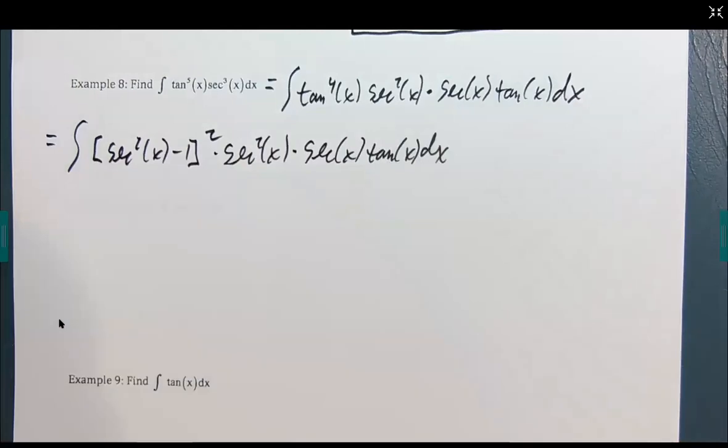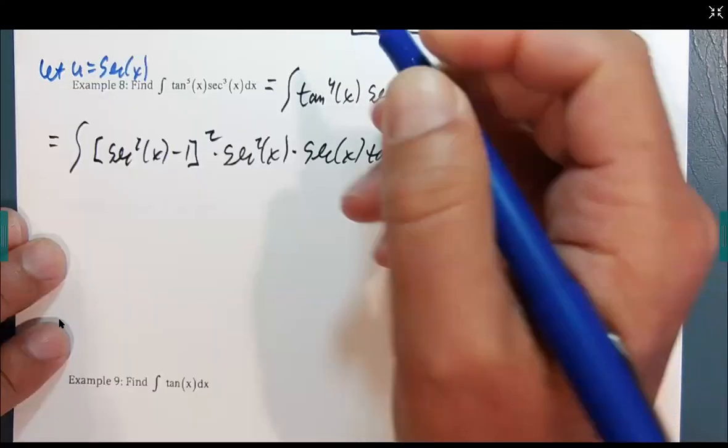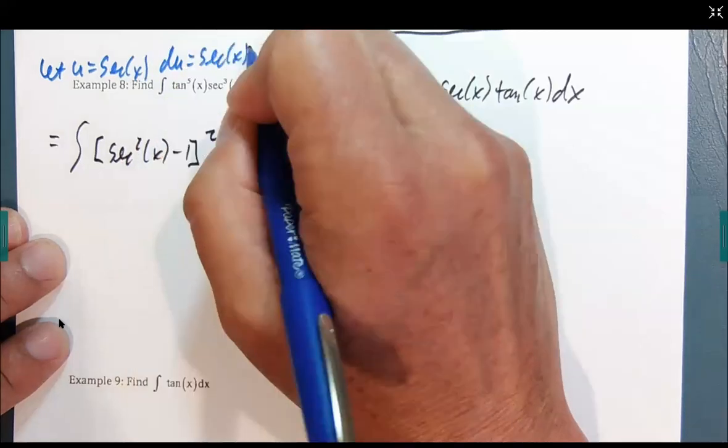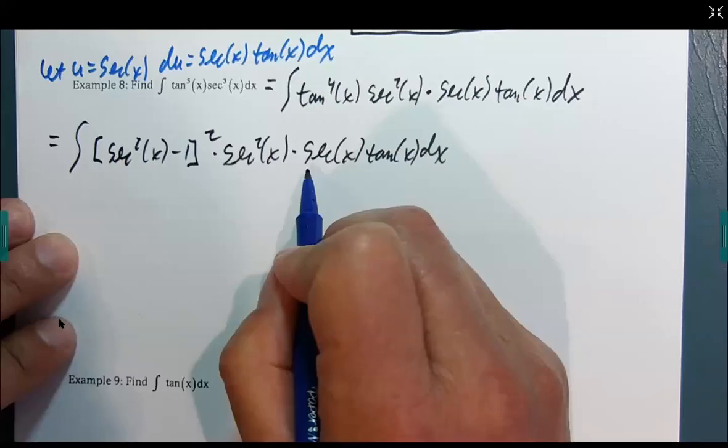Now we have everything in terms of secant, so once again I can let u equals secant x, which means du is secant x tangent x dx. And once again, there we are.